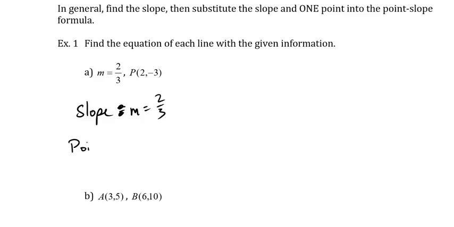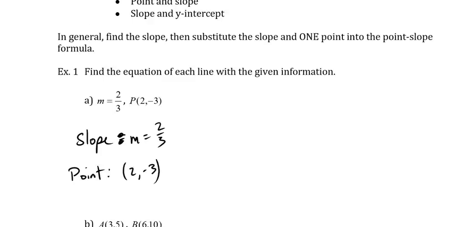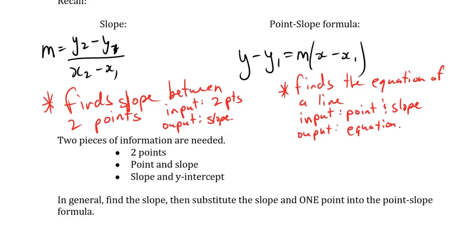My point is 2, comma negative 3. So check, I've got my slope. Check, I've got a point. I can go straight to finding the equation. Right? I have what's needed. I have the input to use this formula. So I can use it.